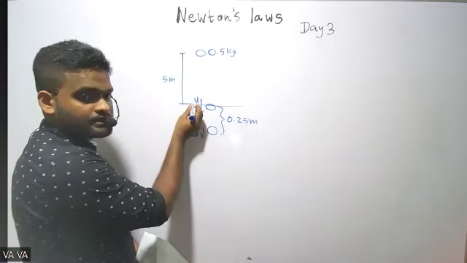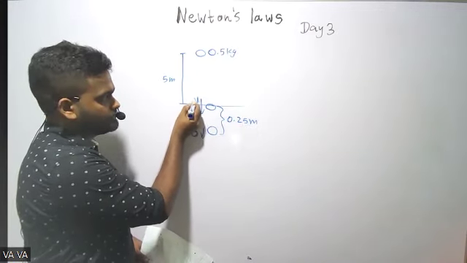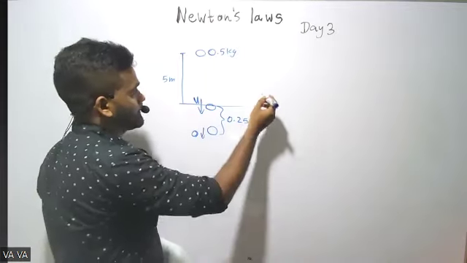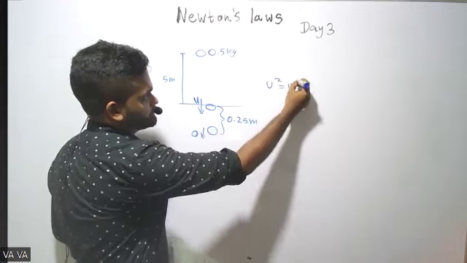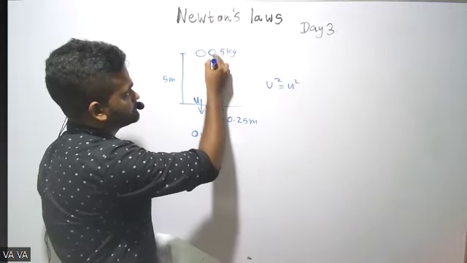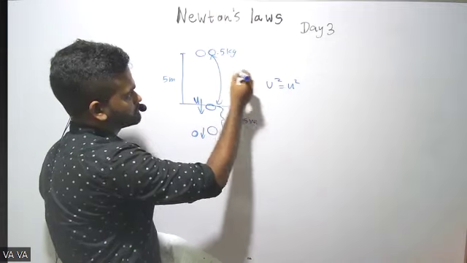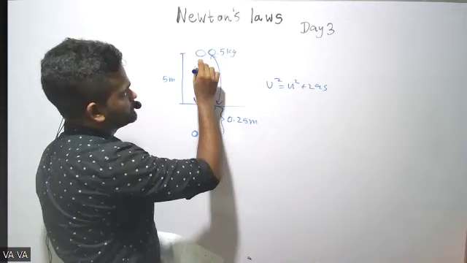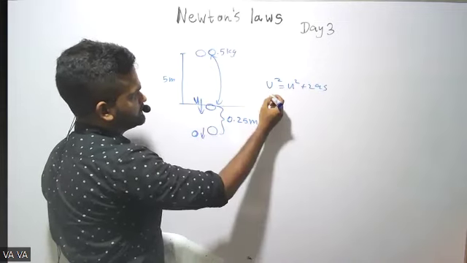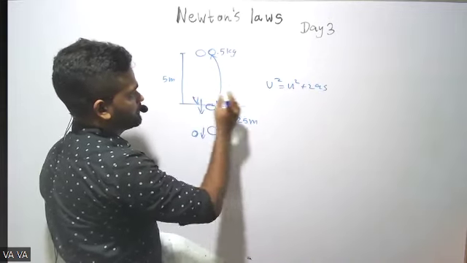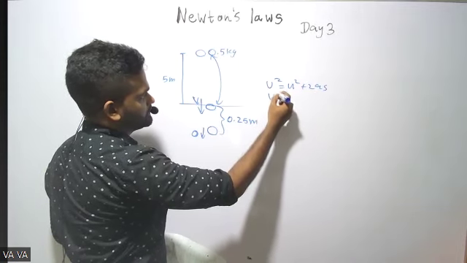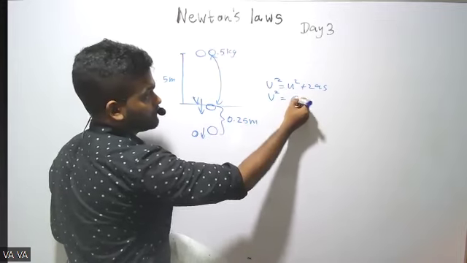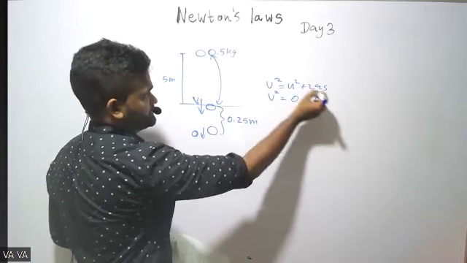First thing you have to do is find this v, I mean u. So what should you do to find that? Just apply a motion equation from here to here. So final velocity, I'll take it as v. Final velocity v squared equals initial velocity 0 plus 2 times acceleration 10, right?